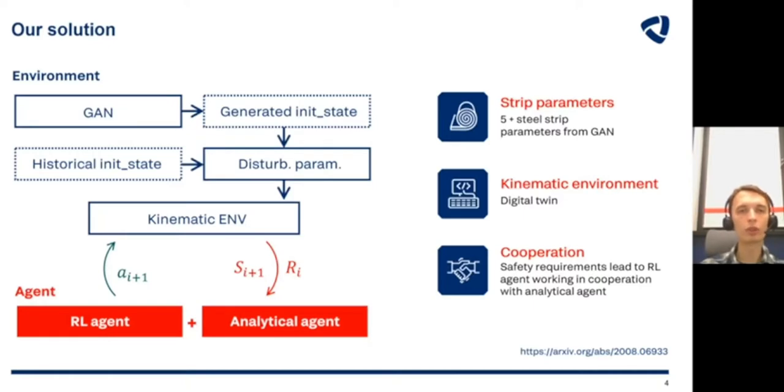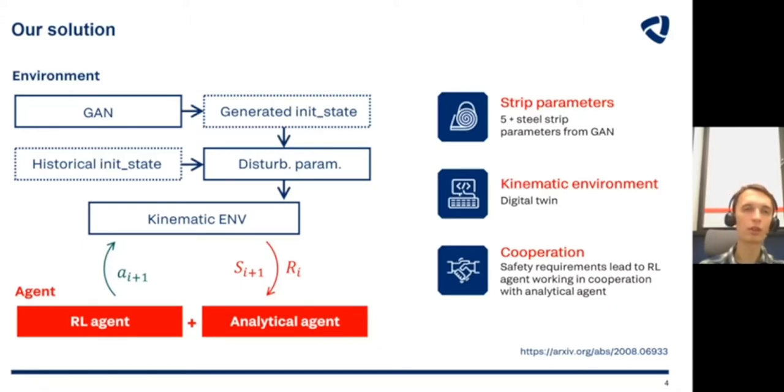We have two agents here. The first is the analytical agent. It's a mathematical model which uses some logic to control the central unit, and the reinforcement learning agent, which can learn what is good and what is bad from a kinematic environment.